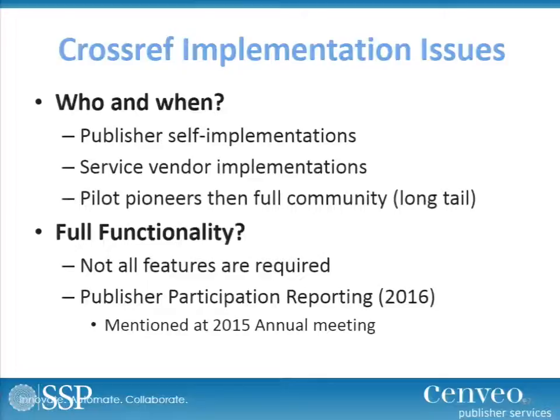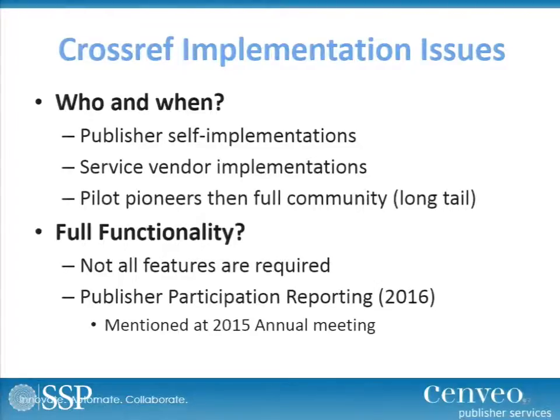So in the history of this, as with many other industry innovations, a challenge has been the rate of publisher adoption and implementation. Historically, the publishers who did internal implementations were first up. They were often in the pilots of these projects. And then vendor implementations were next up, supporting the broad community and so on. But moving from pilot to community can be a long tail.